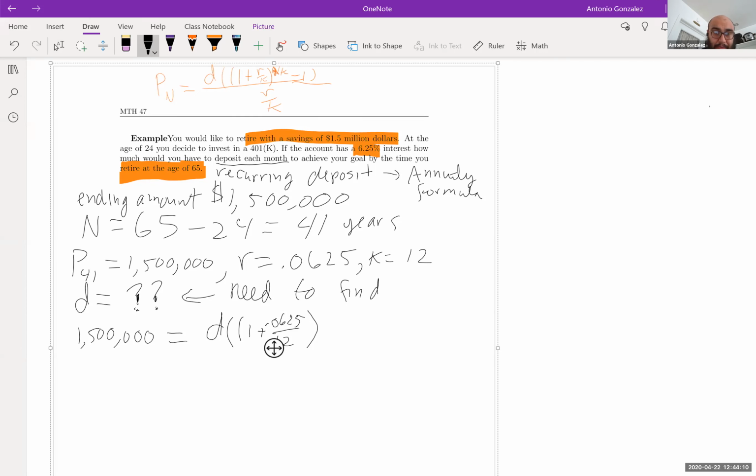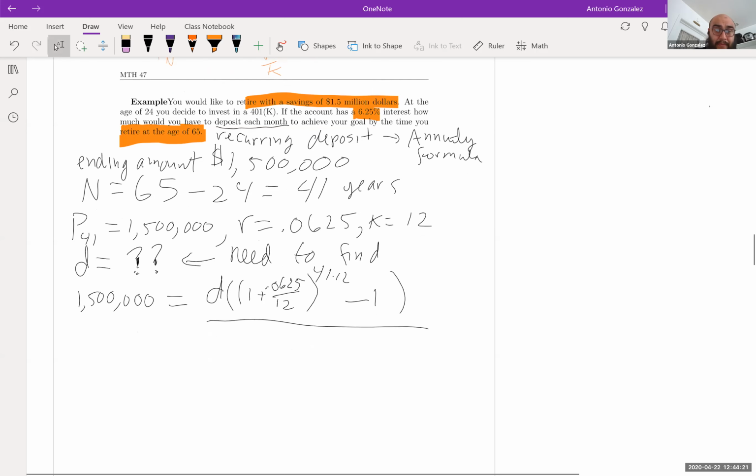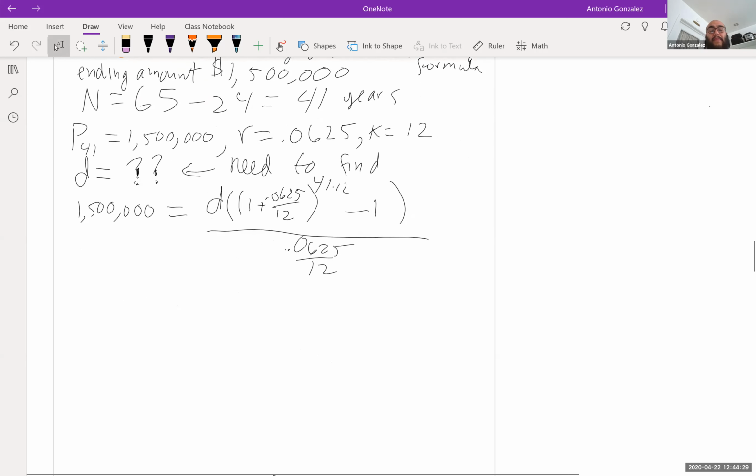Up here we have N times K, so 41 times 12, minus 1, and then over here we have R. Okay, so now we have our setup.